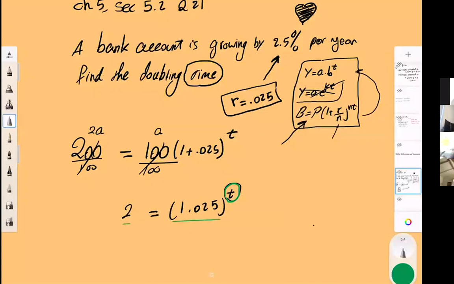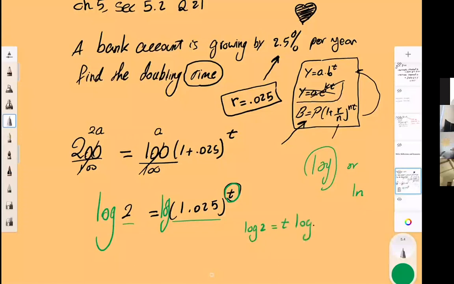No. Should we take log or ln? We use log because we don't see e. So I take a log on both sides: log of 2 equal to t log of 1.025.